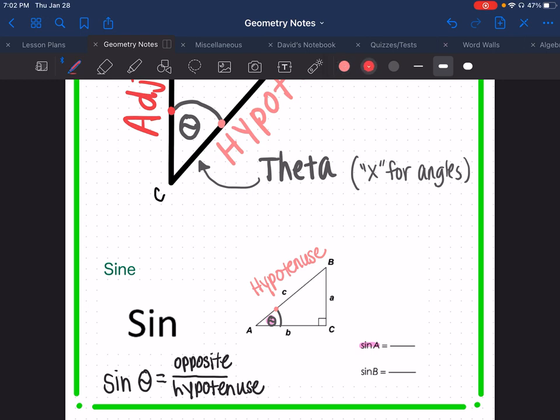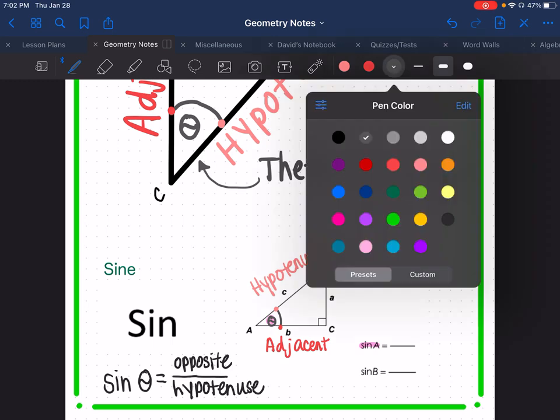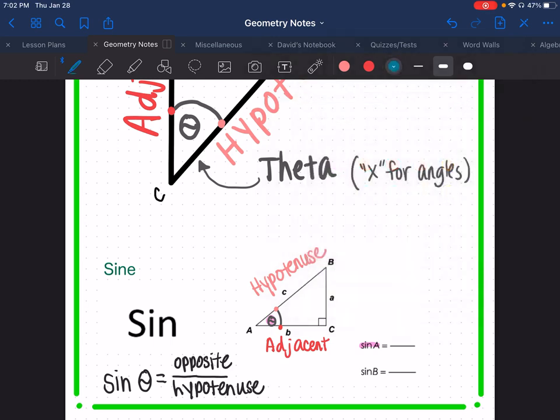And then here, this must be the adjacent. And then, of course, this last side would be my opposite. Okay, so if I was going to do the sine of A, I would put the opposite.